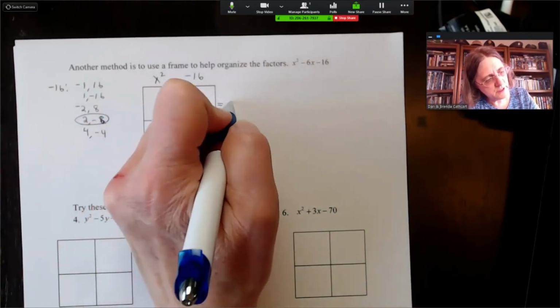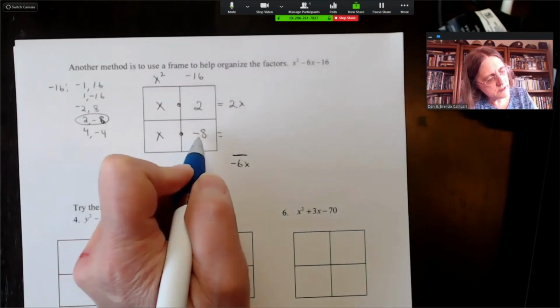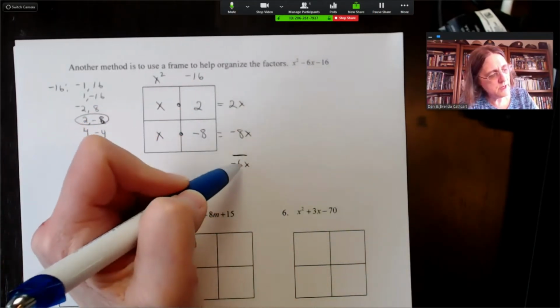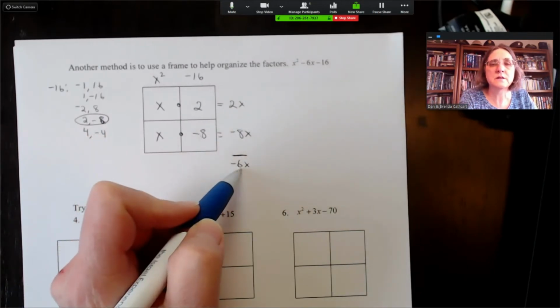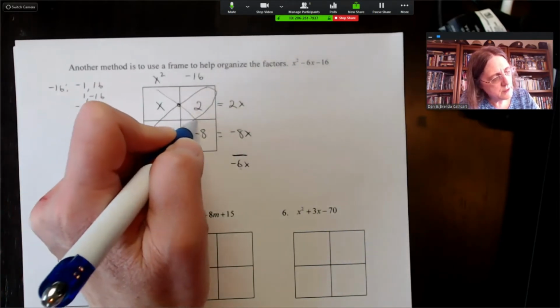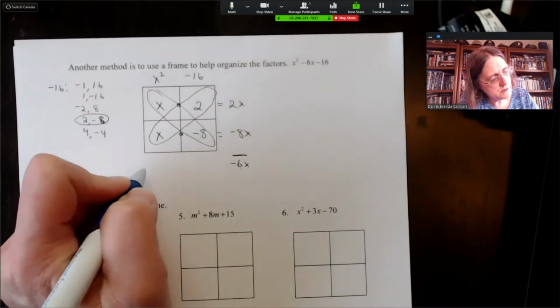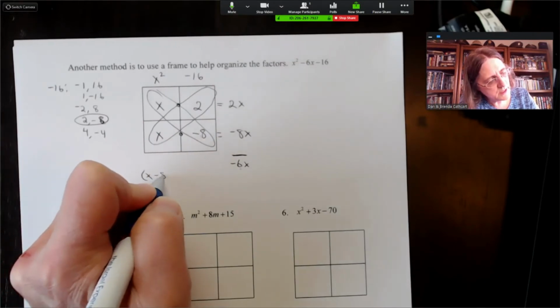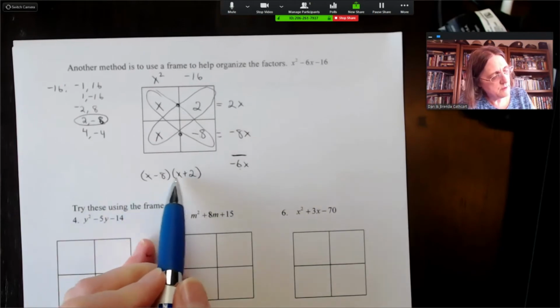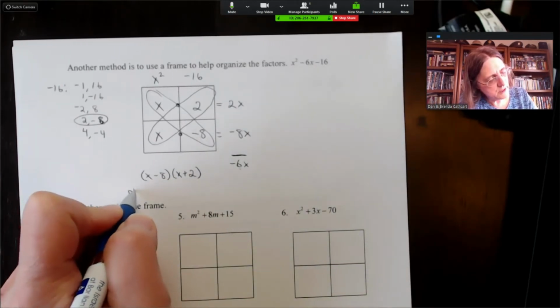X times 2 is 2x. X times negative 8 is negative 8x, and these two add up to negative 6x. So we've got the factors that we want, and our binomials go diagonally this way. So this becomes x minus 8 times x plus 2. Here's our check.